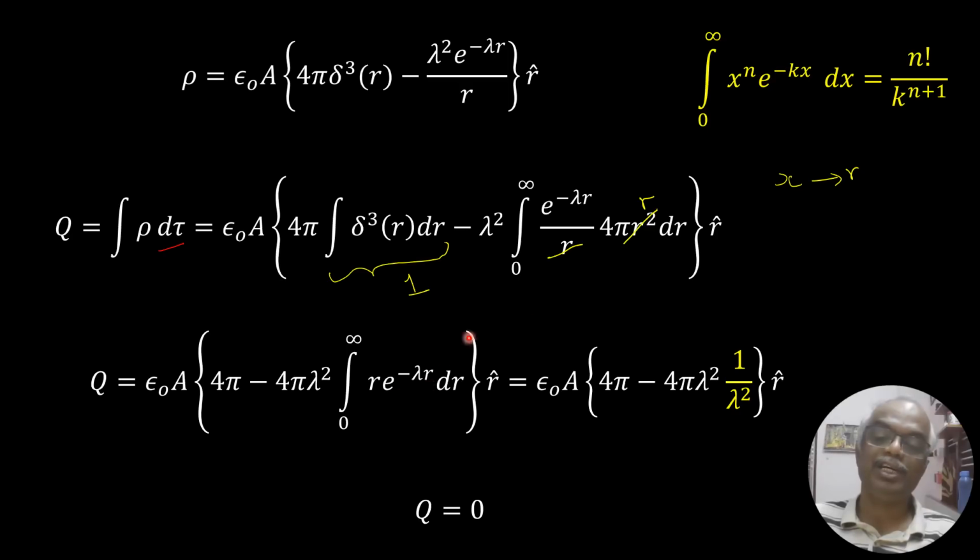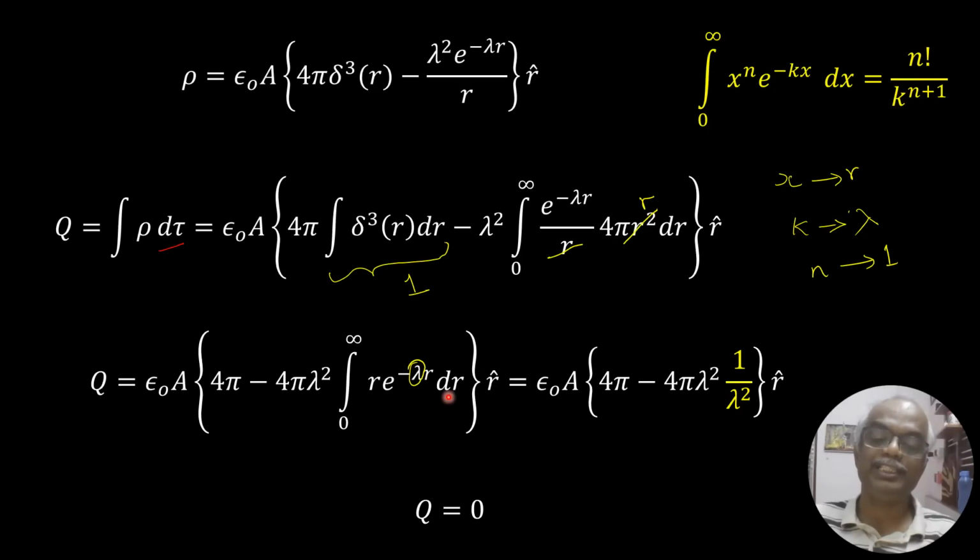So here also x is r. Then what is k? K is lambda here. And what about n? Here r power n, n is equal to 1. Then you apply this here. So n factorial, 1 factorial, is 1.